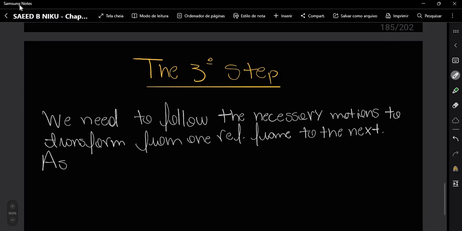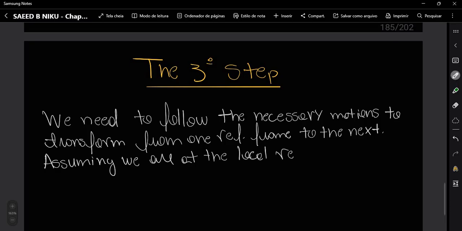Assuming we are at the local reference frame z and x and zn.